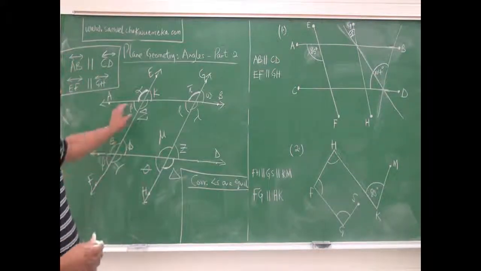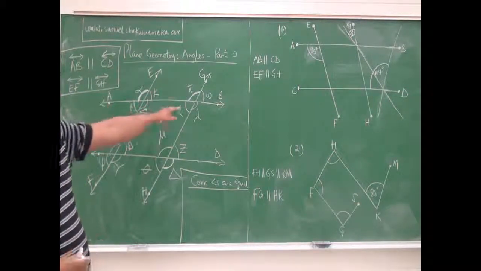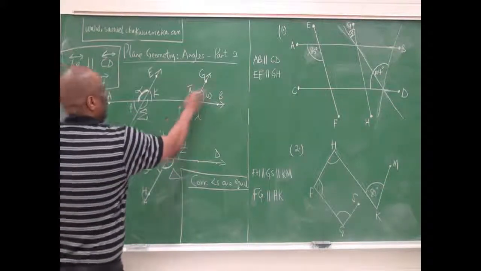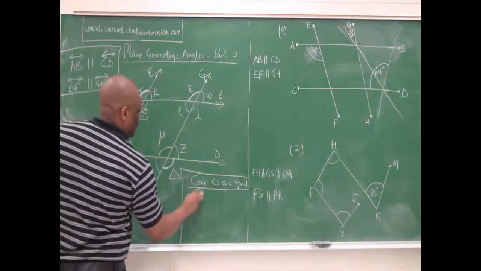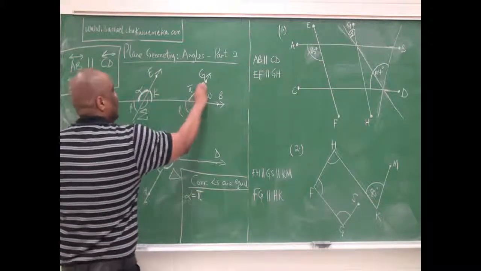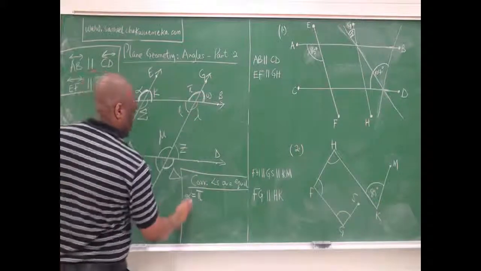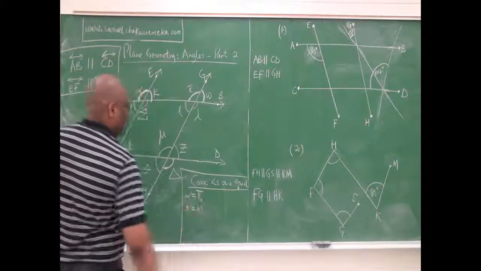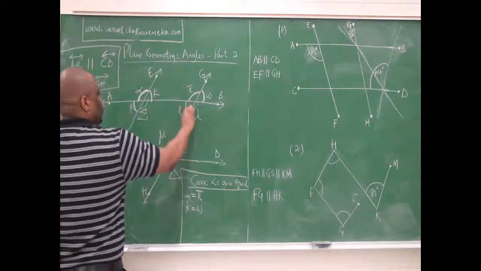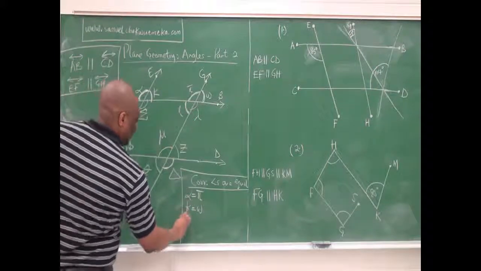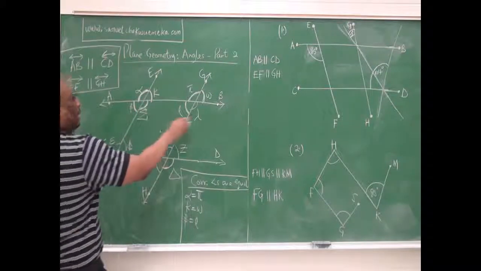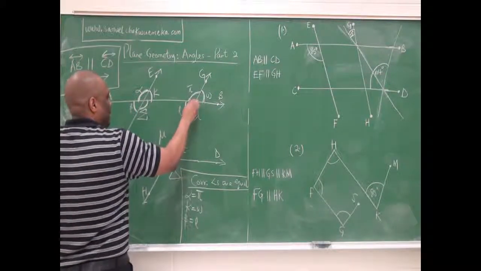So if you look at AB as your traversal, you see alpha is corresponding to pi. They are on the same traversal. So alpha is equal to pi. Okay? Then kappa is equal to omega. Then beta is equal to rho. Then sigma is equal to lambda.